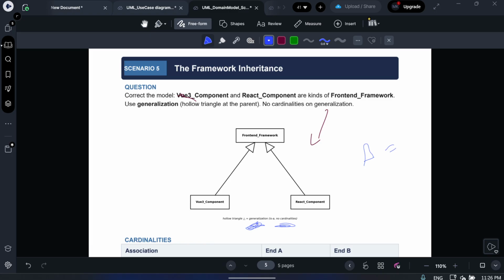This is a domain diagram where you model the component: the Vue 3 component and the React component are coming from the big thing, which is front-end frameworks. This can be many, and this is the big bubble, and then we have Vue, and then we have React and everything else.